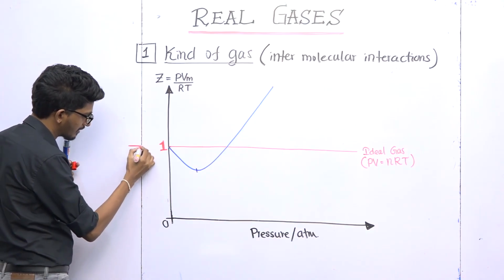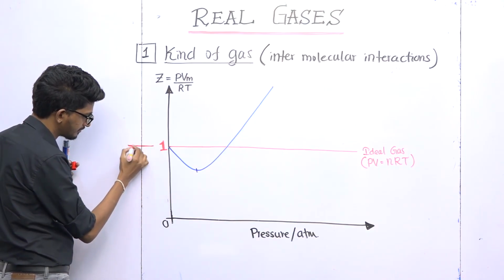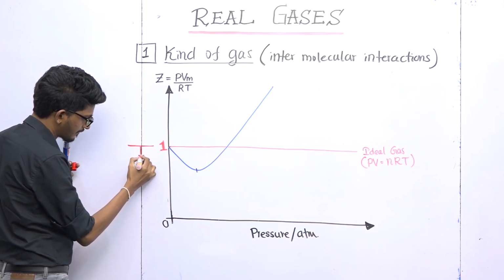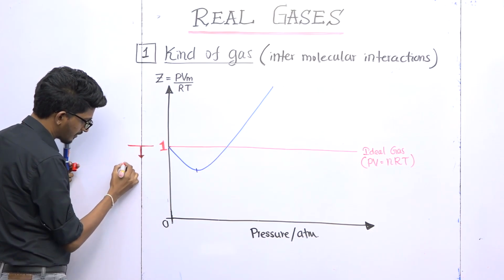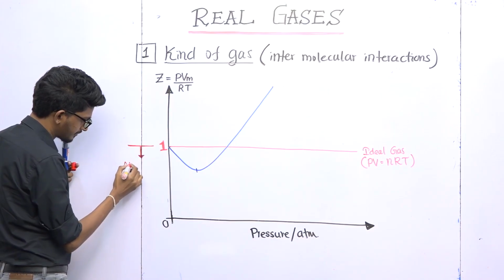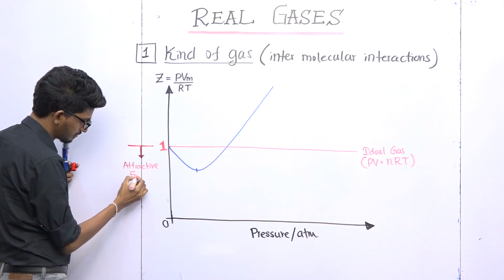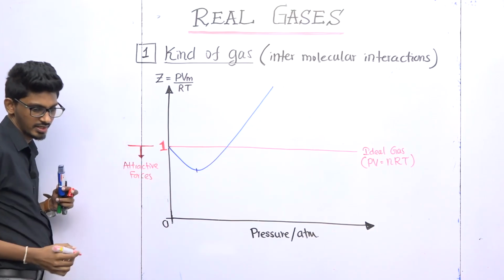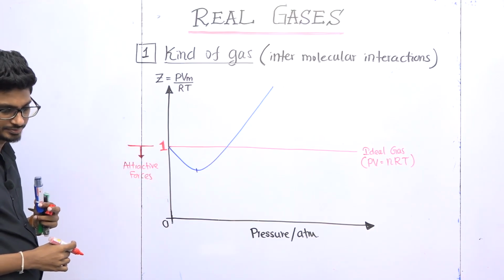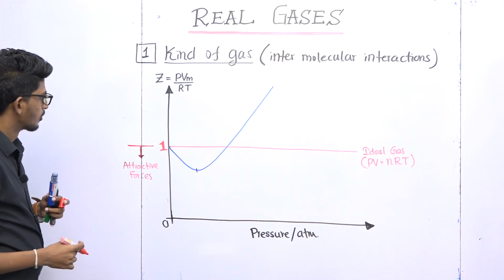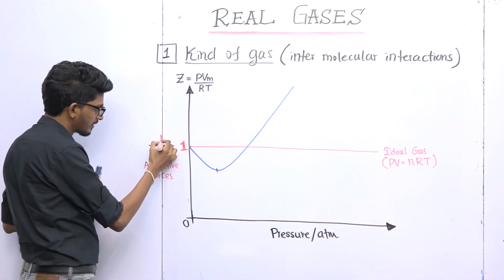Z less than 1 means attractive forces. Z greater than 1 means repulsive forces.